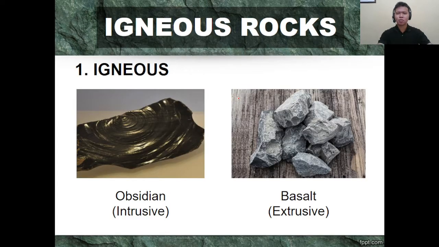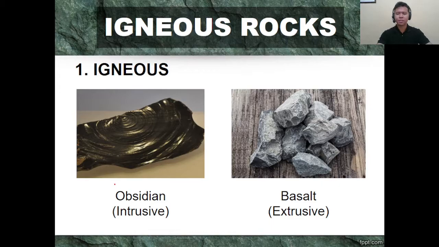For the igneous rock, it is usually formed through the cooling and hardening of magma or lava. If the magma cools and hardens, then an intrusive igneous rock will be formed. If the lava cools and hardens, then an extrusive igneous rock will be formed. Try to observe.